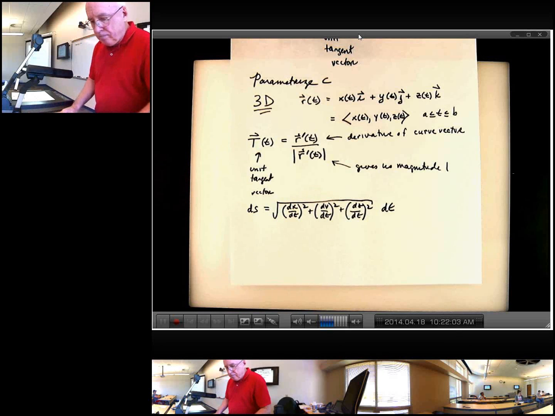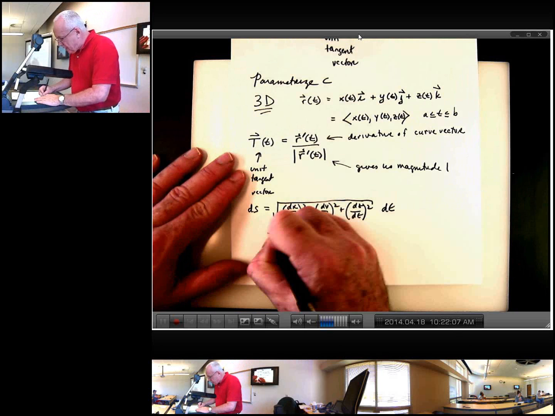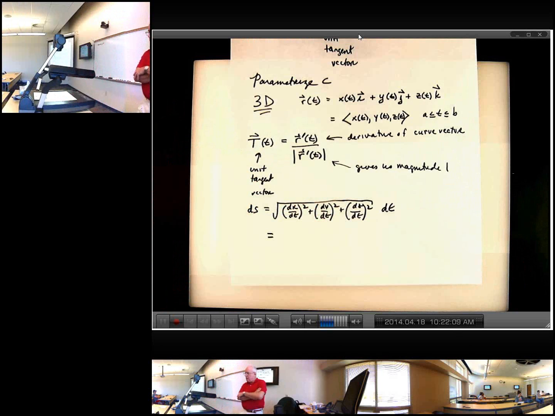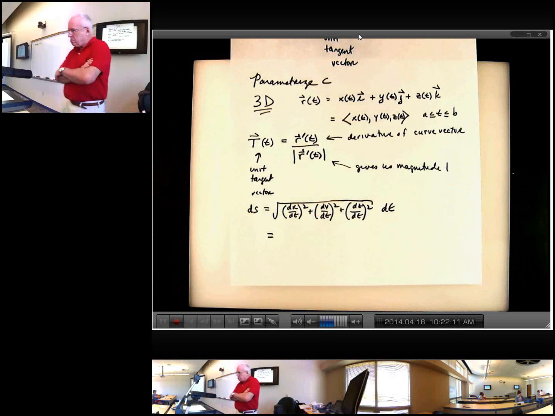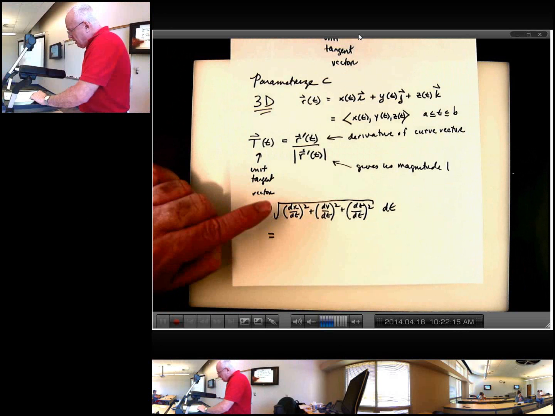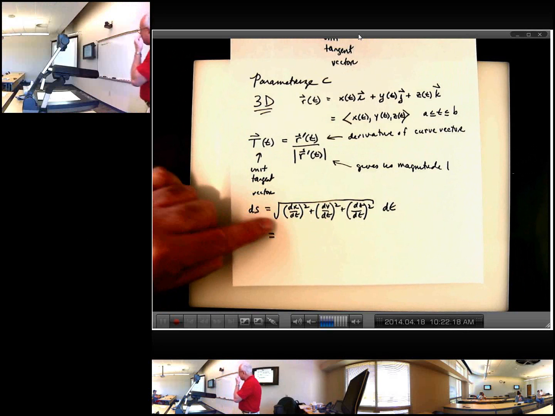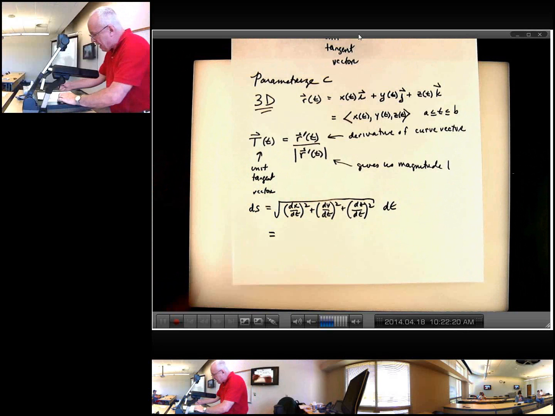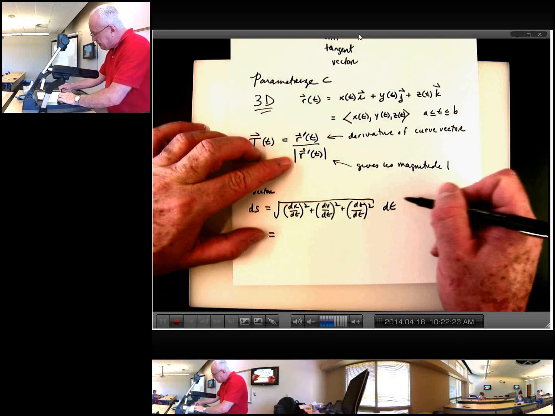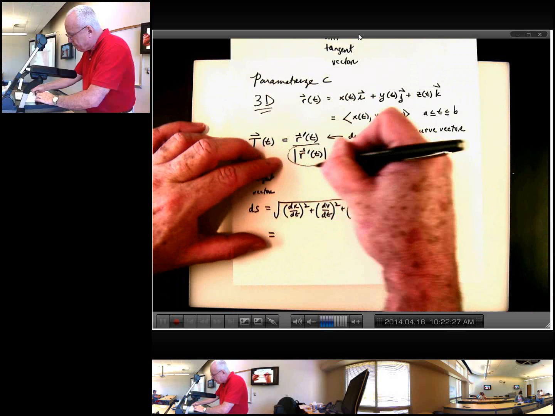All right. And then let's see, what does this actually equal here? This part of the ds formula is actually the same as this right here.